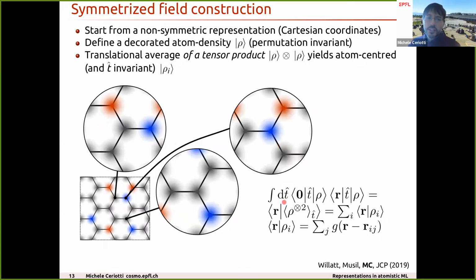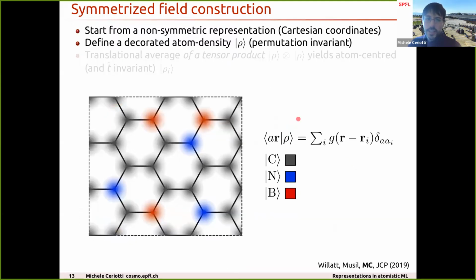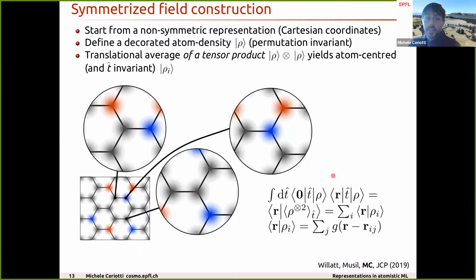And we do this by taking tensor products of the density, basically evaluating the density at 2 points and summing over the translation group. And if you do this, since the density is built as a sum of Gaussians centered on the atoms, you end up with a description of your structure which is a sum of Gaussians centered on atomic pairs, because basically this integral will amount to a convolution of 2 Gaussians.